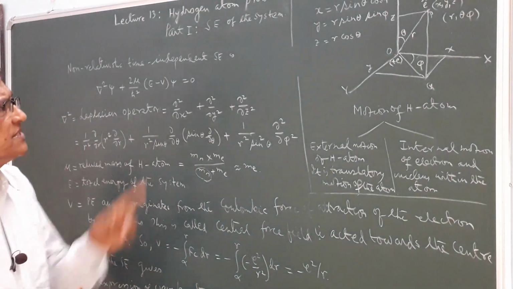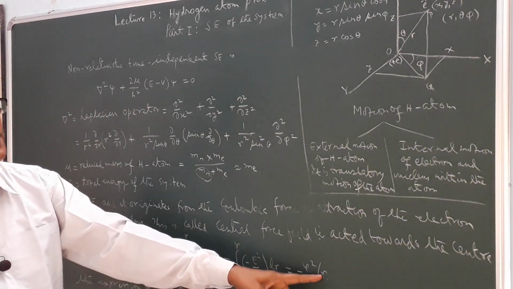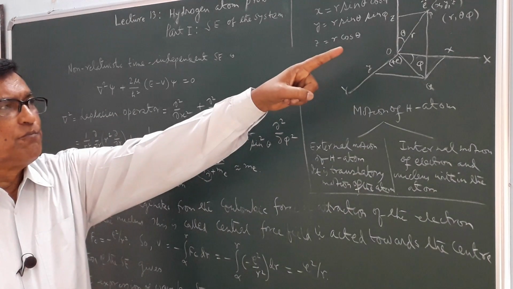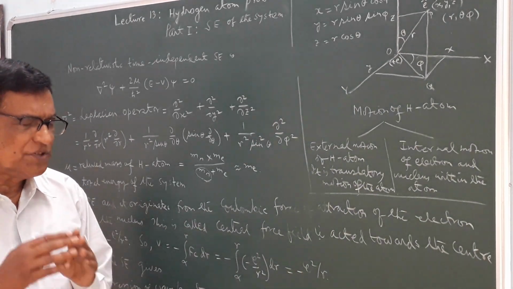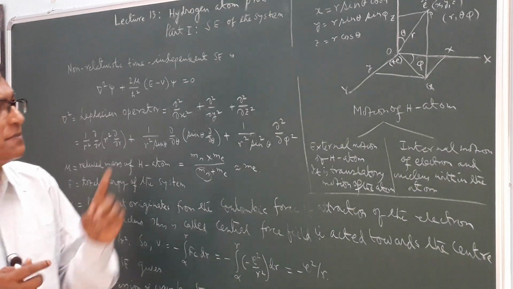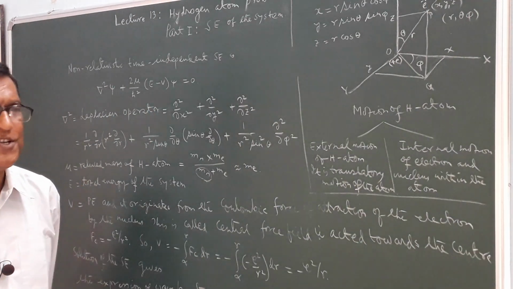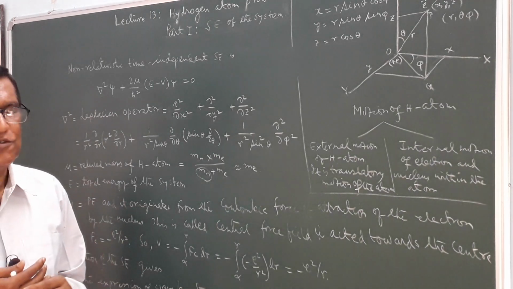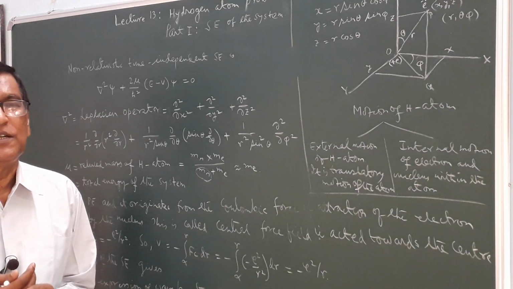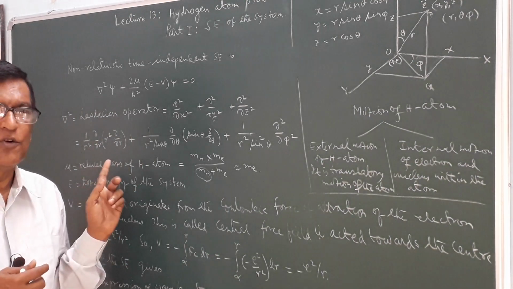Since the potential energy contains one member of these polar coordinates, the radial distance, it is better to express this Schrödinger equation in terms of the polar coordinates, and it is easier to solve the Schrödinger equation whenever it is transformed into polar coordinates.